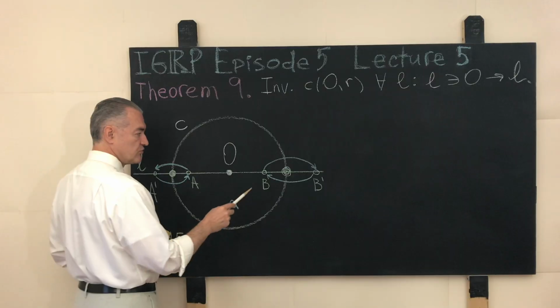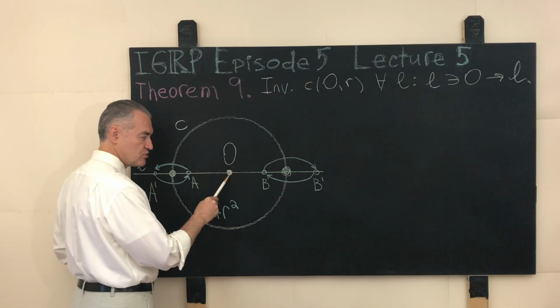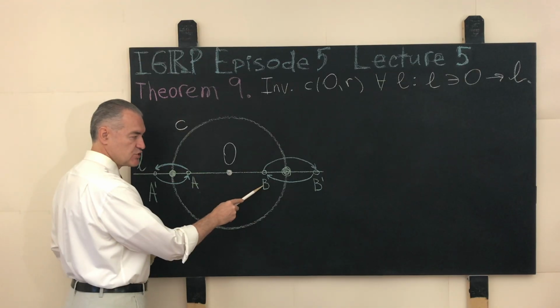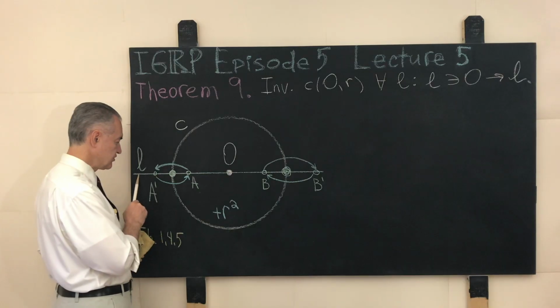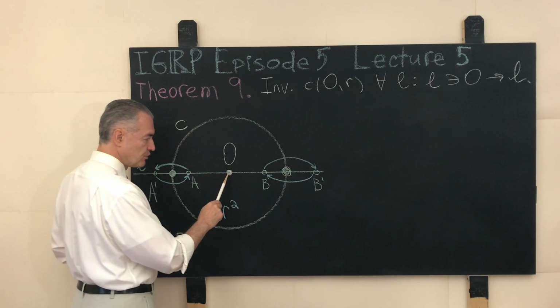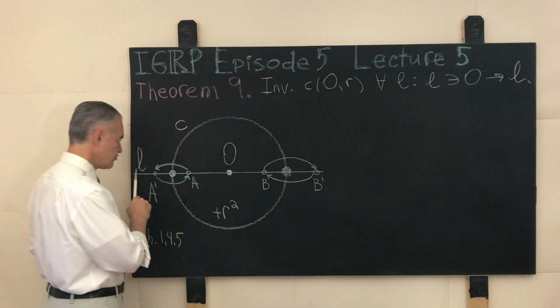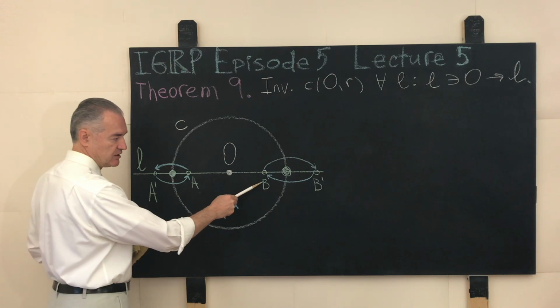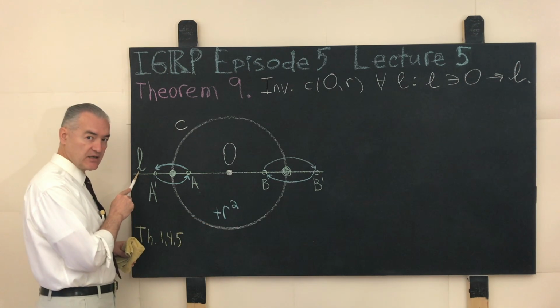Strictly inside of the circle of inversion C. That point will be distinct from the center of inversion, and that image point B will have no choice but to belong to the same straight line L. Why? Because the points O and B prime define and belong to the straight line L, which means that the image point B must also belong to one and the same straight line L.